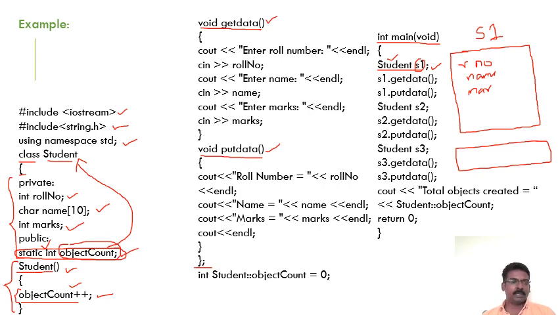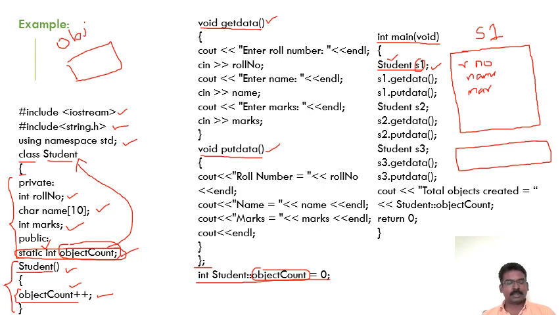Before incrementing, you have to watch that initially this object count is maintained as 0. Keep this object count variable in a separate space. The normal data members go inside the object, but since this cannot go inside the object, it is maintained by the class itself.